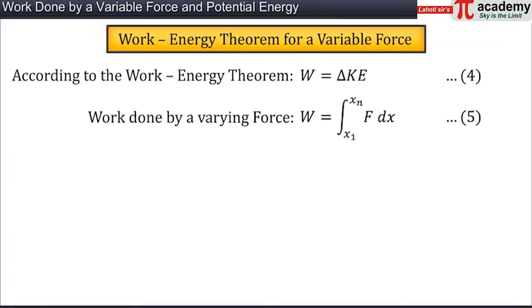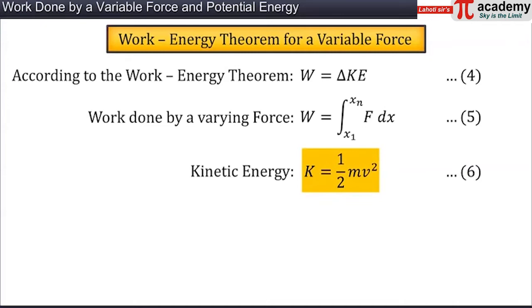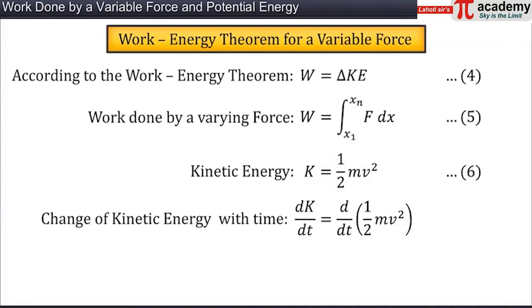If the velocity of the object at an instant is v, then its kinetic energy at the instant is expressed as half m v square. Let this be equation 6. On differentiating equation 6 with respect to time t, we get the rate of change of kinetic energy as dK/dt = d/dt of half m v square.